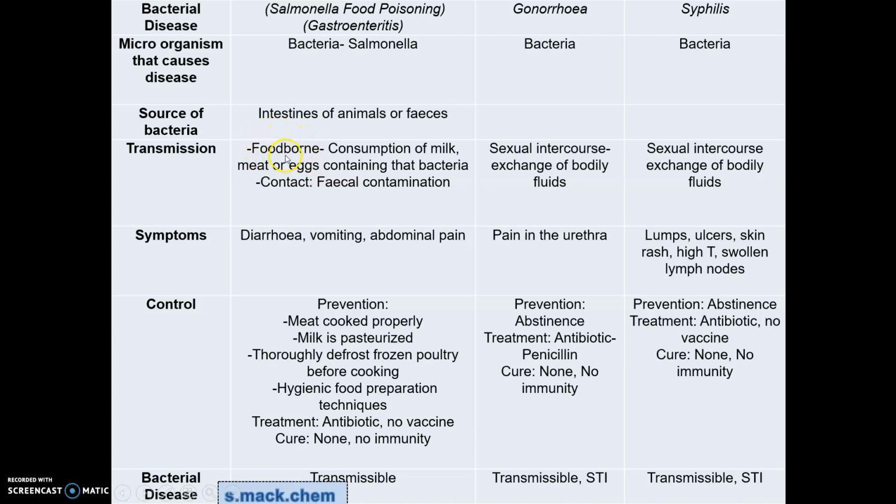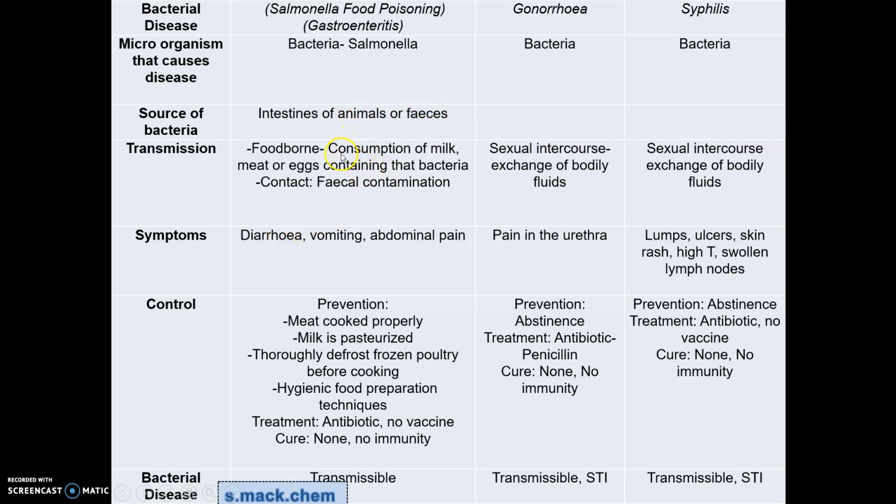That's why it's called a foodborne disease, because if you consume any of these products that contain the bacteria, you will end up with gastro, or gastroenteritis as it's called. This is referred to as fecal contamination because the source of the bacteria is the intestines and feces of animals.